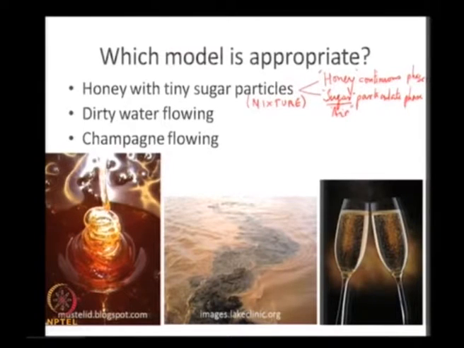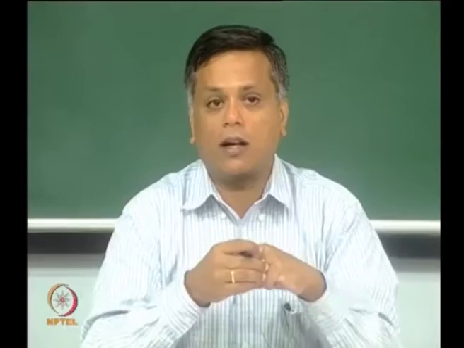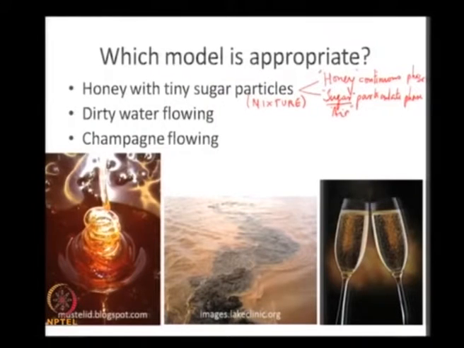Okay. I want to talk about the physical arguments underlying modeling choice. Then we will talk of how to apply the mathematics to describe the physics accurately. Okay, the second example I want to talk about is dirty water.